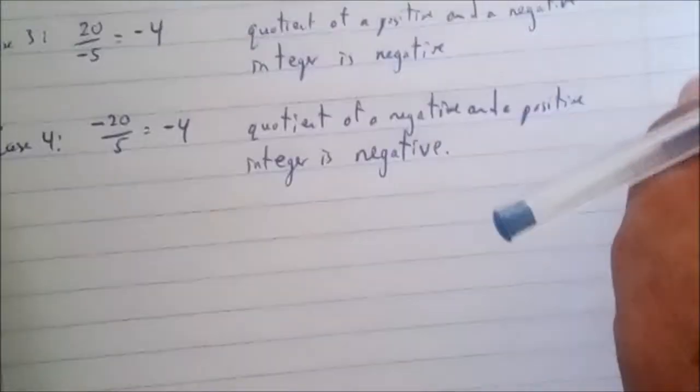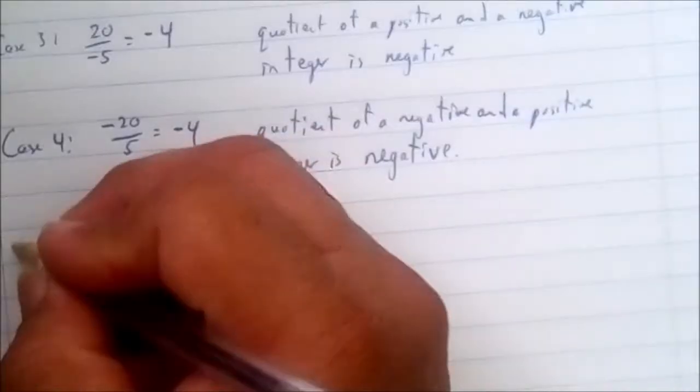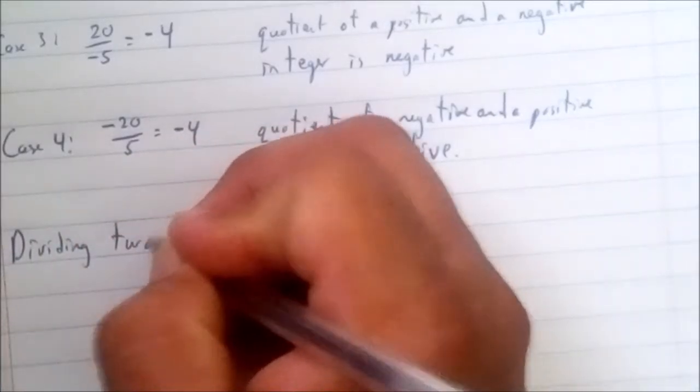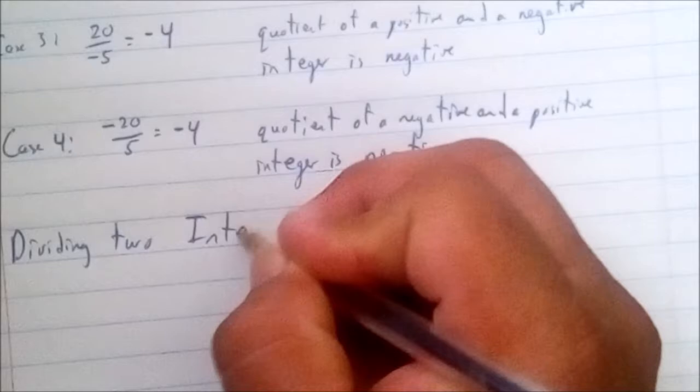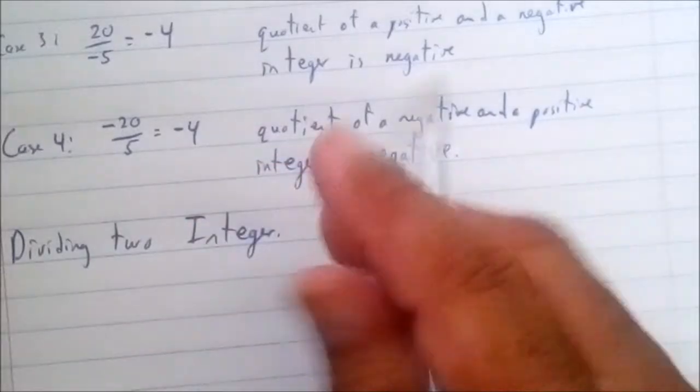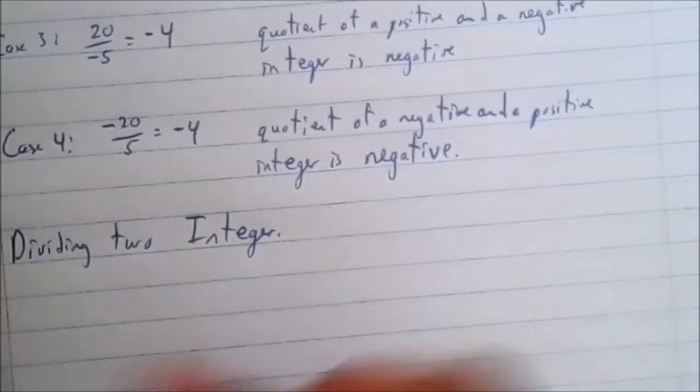Okay, so from here we can see dividing two integers. In summary, when we divide two integers, this is what we got. Alright, so remember, we have already done absolute values.